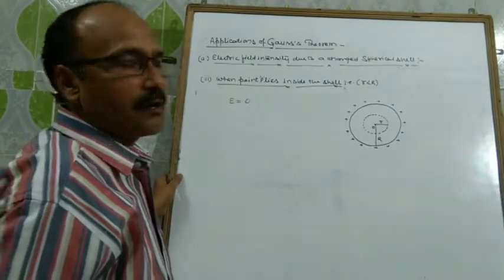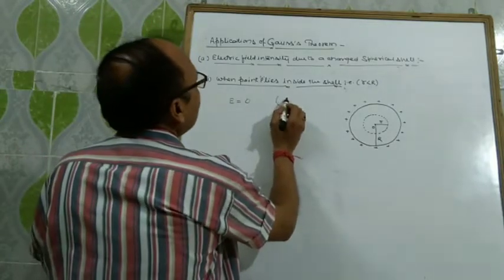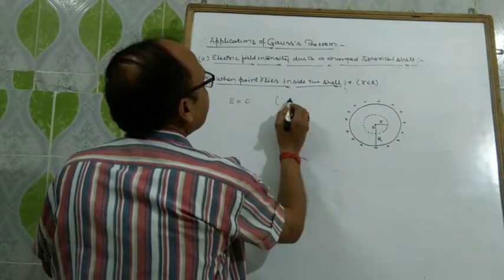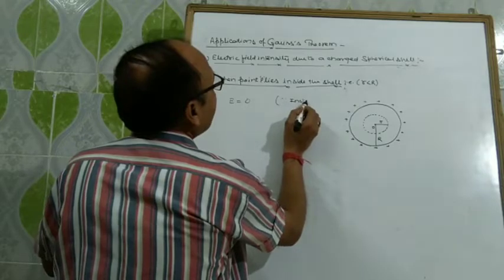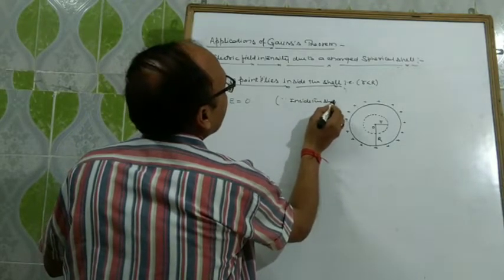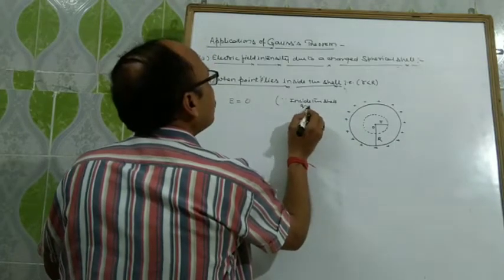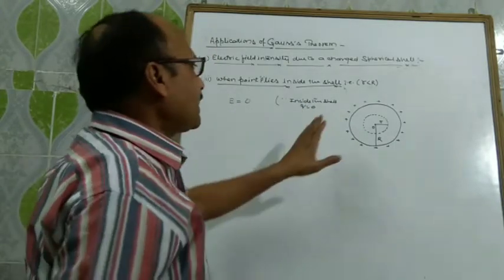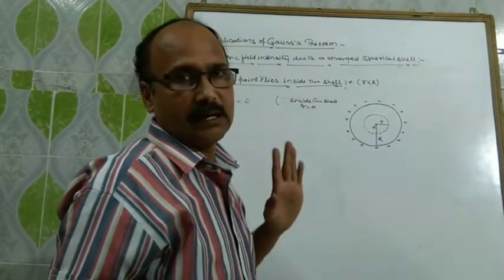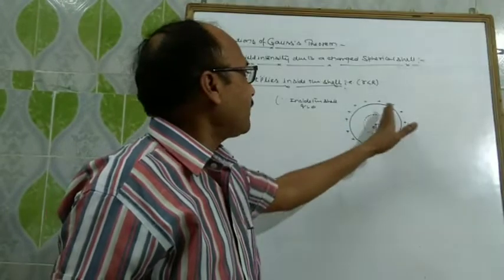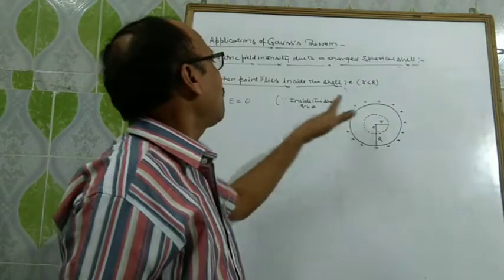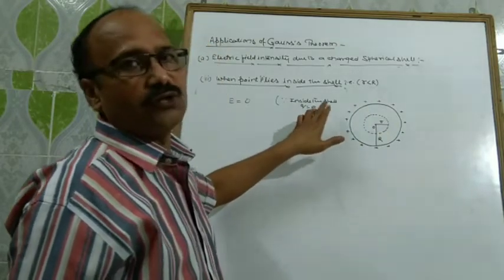Why? Because there is no charge inside the shell. Inside the shell, Q equals 0. You will see here the total charge is on the outer shell, not the inner shell. So the electric field intensity inside the shell becomes 0, because Q equals 0.